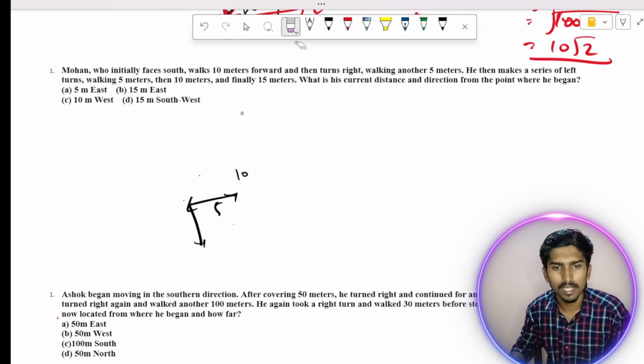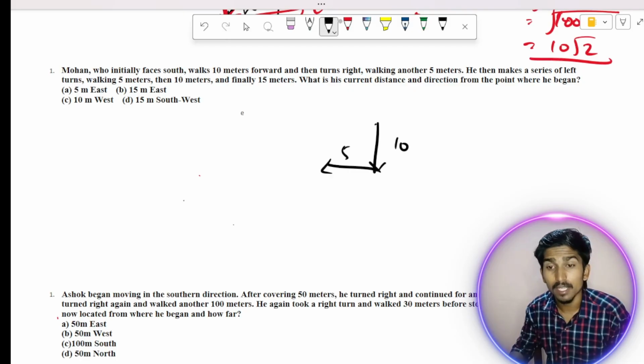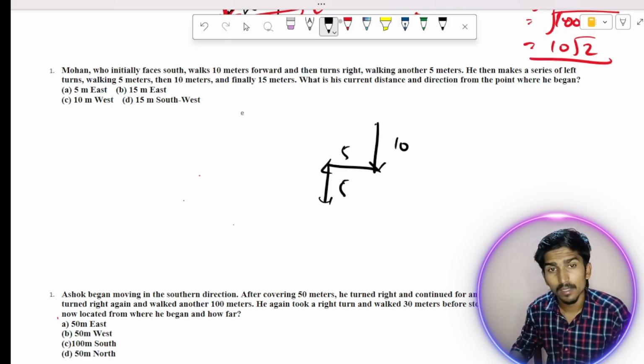I'll do it once again. I'll write the diagram properly. If you don't write it properly, you'll get some problems. Walk 10 meters forward. Okay. Who initially faces south, and 10 meters. And then turns right. What is the right? This is the right, 5 meters. Then he makes a series of left turns, walking 5 meters. This is the left, 5 meters. Then 10. What is left of south?